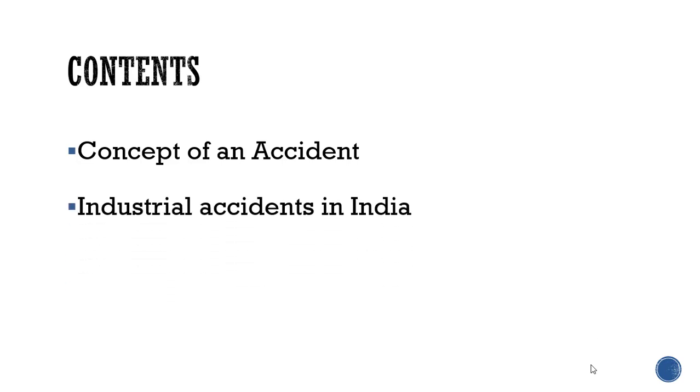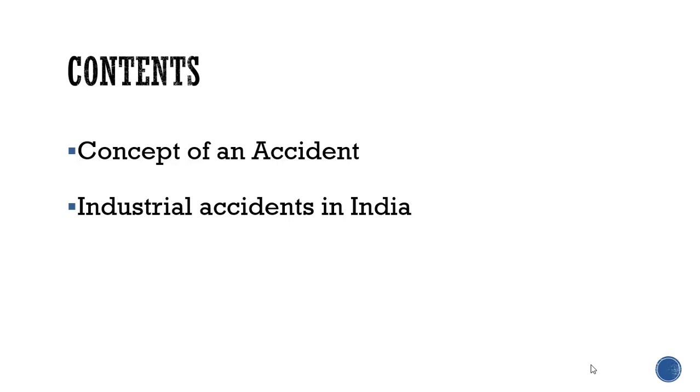Okay, so today we are going to discuss the concept of an accident. The second thing we are going to discuss today is industrial accidents in India. We are going to review a survey which was done by the Hindu group, and based on that we are going to analyze it.